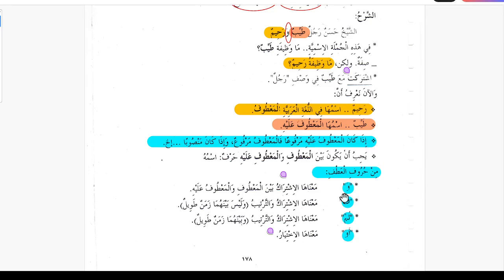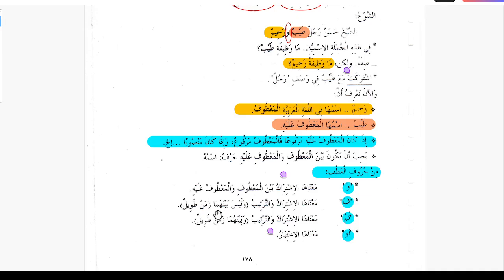So waw means and. Fa is then, manaha il ishtiraku wa tartibu. If there are two incidents happening one after the other, then we use fa. Fa means then, so it is the ishtirak, the joining, and also tartib, following the incidents in the same arrangement, like if this happened, then this happened, then this happened.